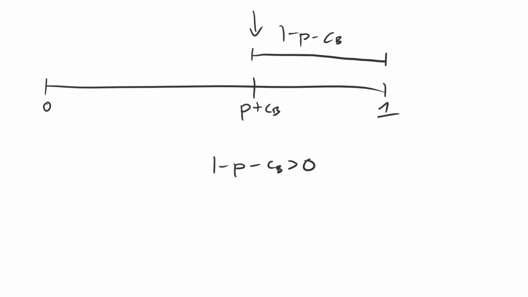That also means that slight changes to either P or CB keep that division inside of the interior as well. If you make P slightly smaller, then we're still going to have P plus CB inside of the 0-1 interval. Same thing if we make P slightly bigger. And likewise for CB, if you make CB slightly smaller, still within that interval, and if you make CB slightly bigger, still within that interval. Hence, it is an interior solution.